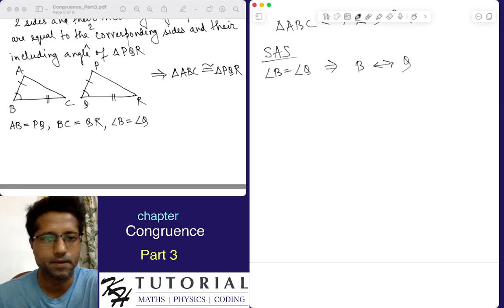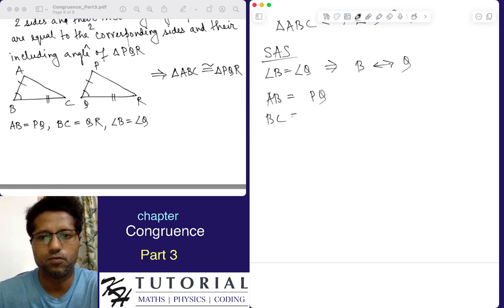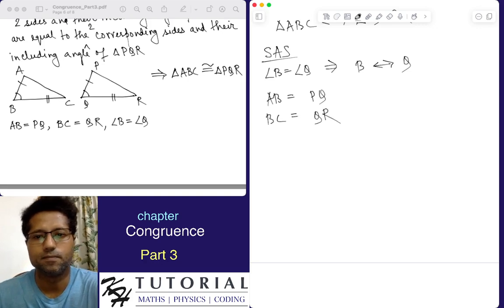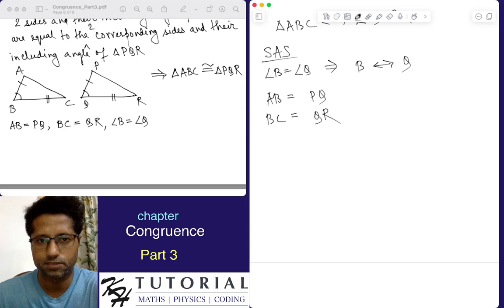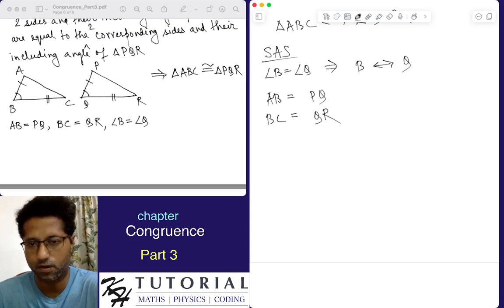I need another mapping. Now see the two sides. We have AB equal to PQ and we have BC equal to QR. Now I will use the same logic that I used in SSS congruence to determine the mapping of two vertices.